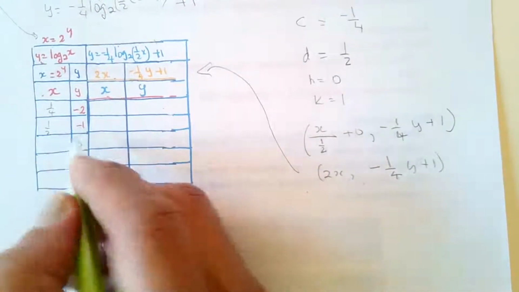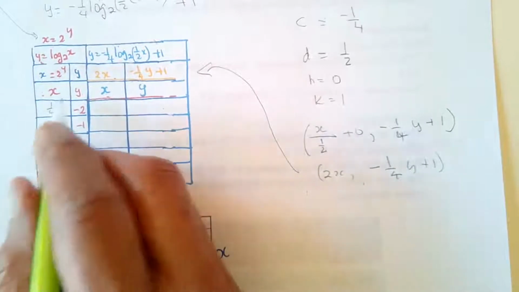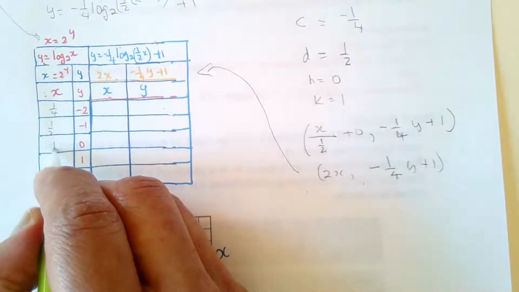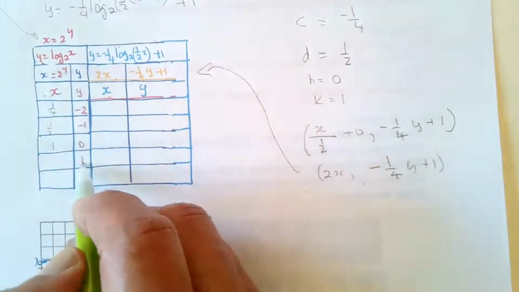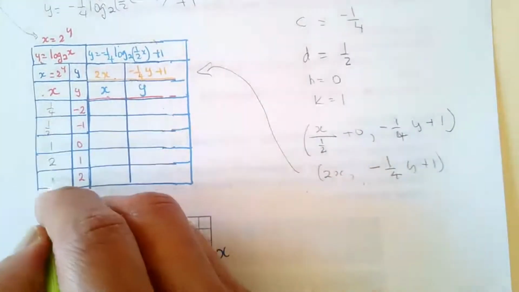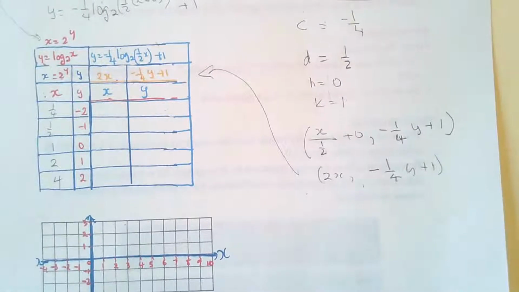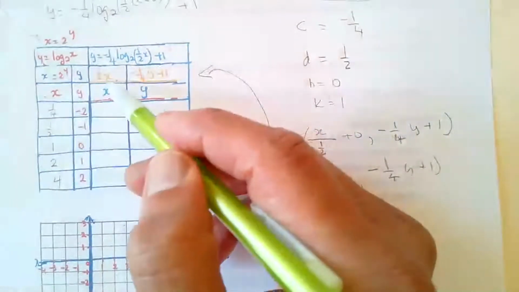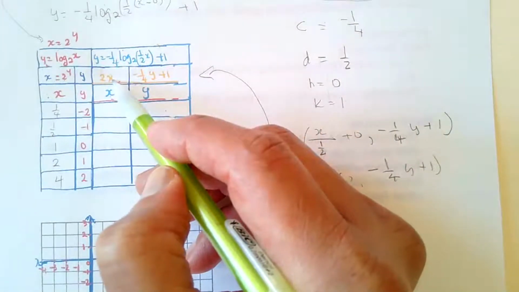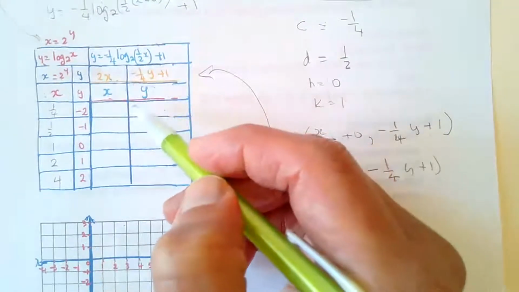So this is my x, and 2 to the 0 is 1, 2 to the 1 is 2, and 2 to the 2 would be 4. So these are my x and y values. I'll use these x and y values to find my transformed x and y coordinates.